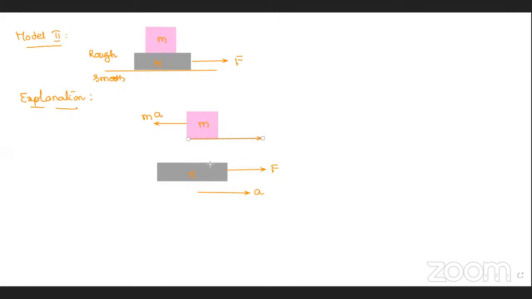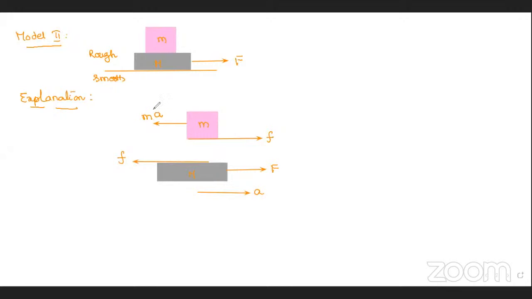If friction is there on the pink color block, immediately on the black color block also there is friction, but in the opposite direction. Whatever arrow marks I drew, correct or wrong? If it tries to move back, friction opposes. If friction is in this direction on the upper block, friction will be in the opposite direction on the lower block. Correct. Very good.